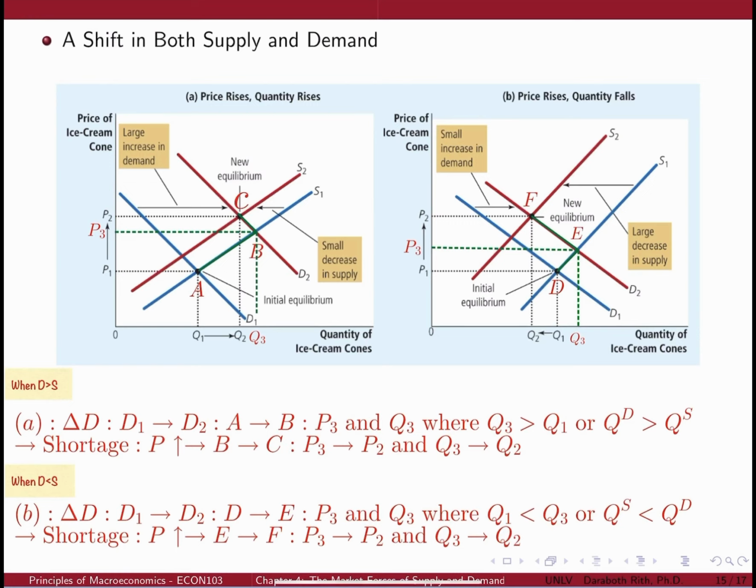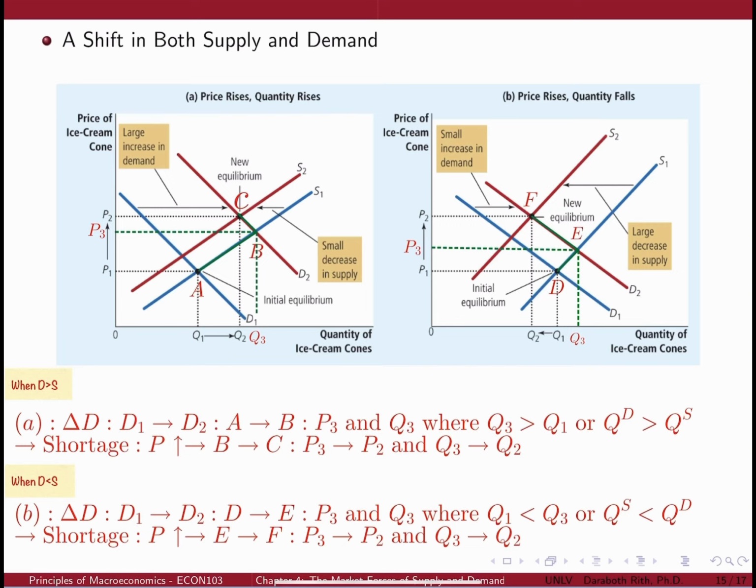Here, let us consider shifting in both supply and demand curves. First, consider the graph on panel A. Without any changes in this market economy, the original equilibrium is when the D1 curve crosses the S1 curve at point A, such that it creates the equilibrium price at P1 and the equilibrium quantity at Q1.